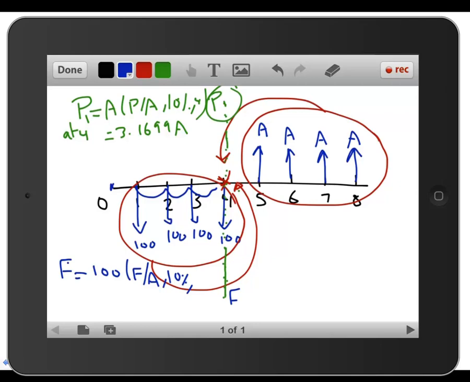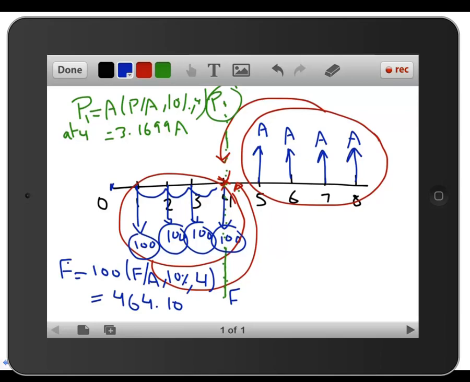I have 4 payments, 1, 2, 3, 4. So I will use 4 periods, and that will equal to 464.10.